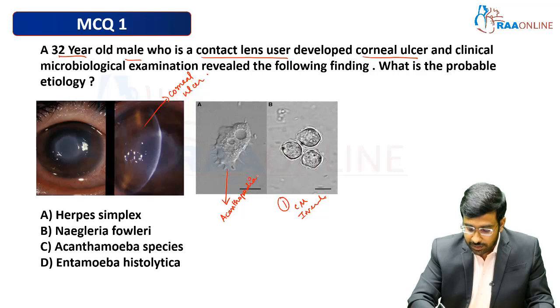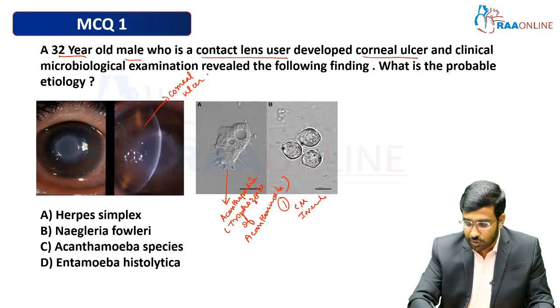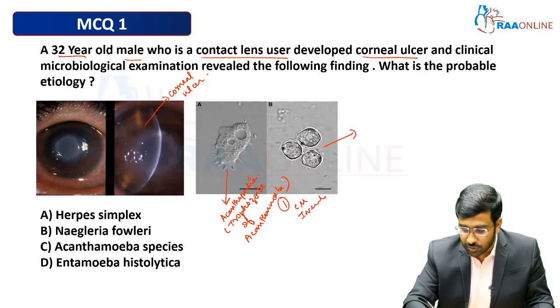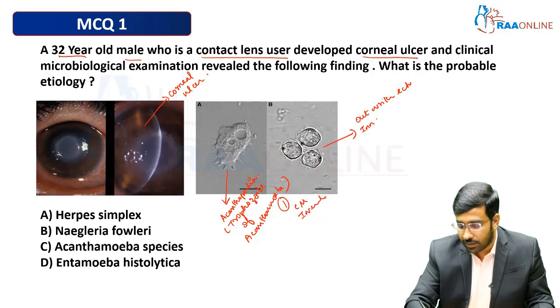This is the trophozoite of Acanthamoeba, and this is the double-walled cyst. Here you are able to see the outer wrinkled ectocyst and the inner endocyst. So there is a double-walled cyst.